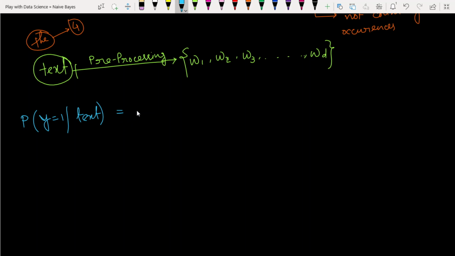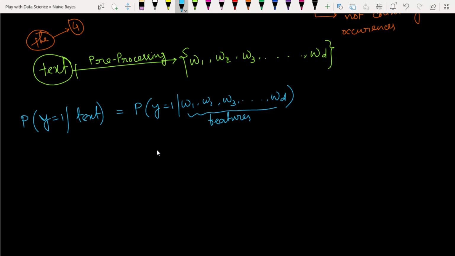For this we calculate the probability given w1, w2, up to wd. These are our features, or in another language, the words.